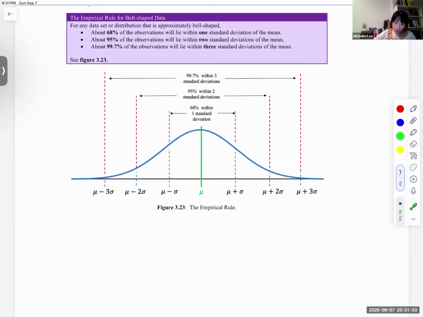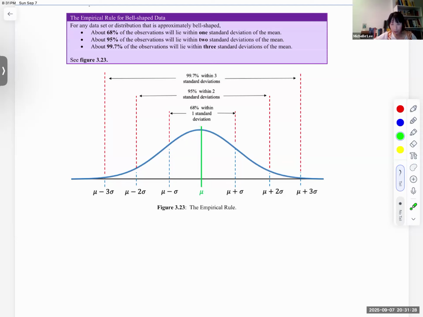So they say that 68% is within one standard deviation from the mean, right? What is the standard deviation? That is the average distance of each data value from the mean, right? So this is the mean.